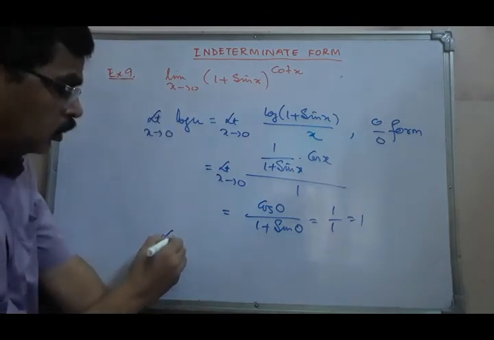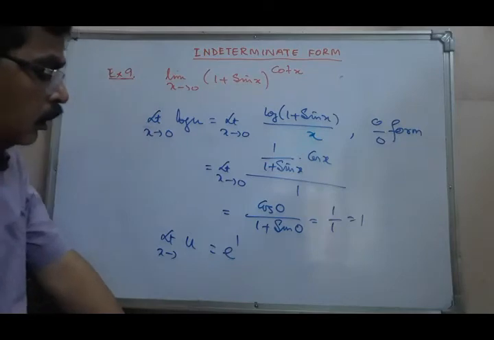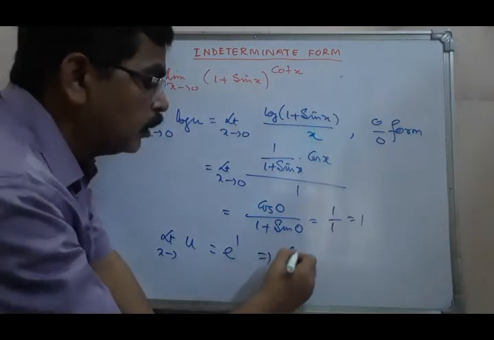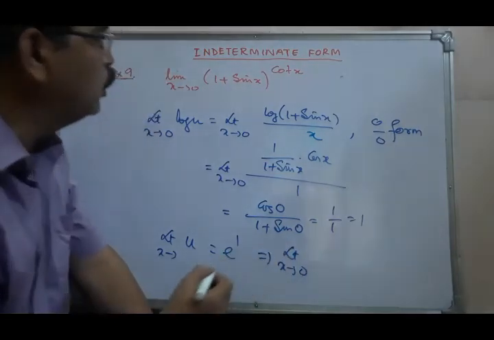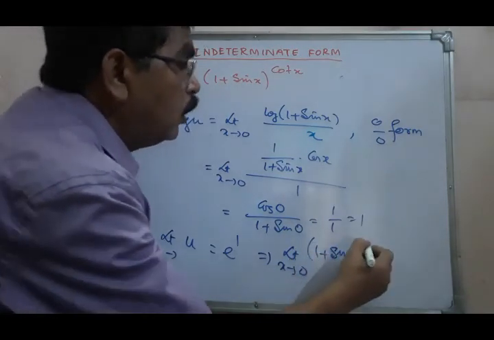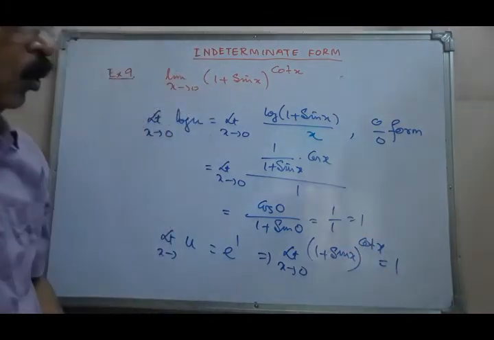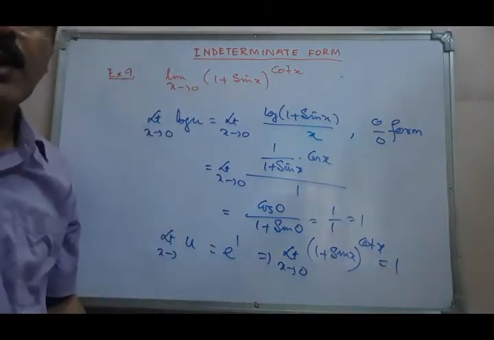Eliminate log, limit x tending to 0, u equal to e to the power 1. This implies limit x tending to 0, u means 1 plus sin x whole to the power cot x equal to e. So this is the final answer.